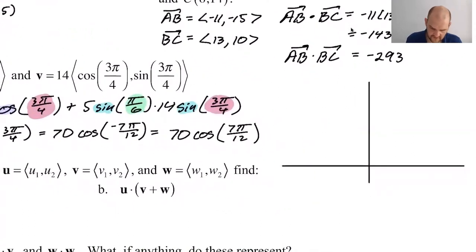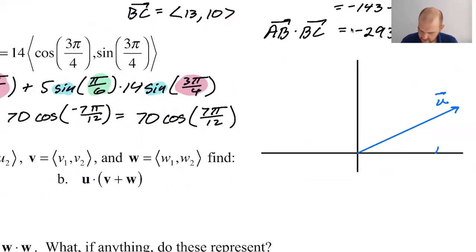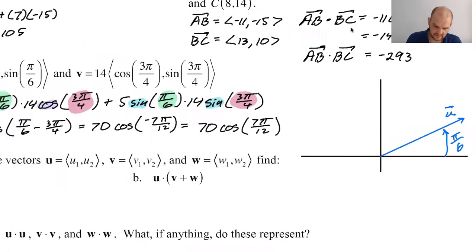So u and v, I'll use two different colors. u is pi over 6, so this is the vector u, and this is pi over 6. And then v, let's use a different color. v is 3 pi over 4.